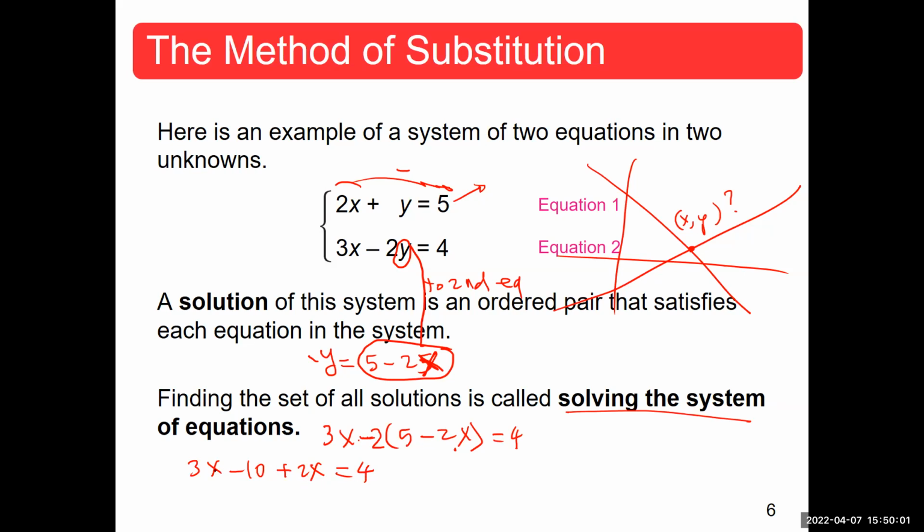Now 2x and 3x, it is 5x. If I take this negative 10 to the other side, I will get 10 plus 4. So what's x equal to? I made a mistake here.